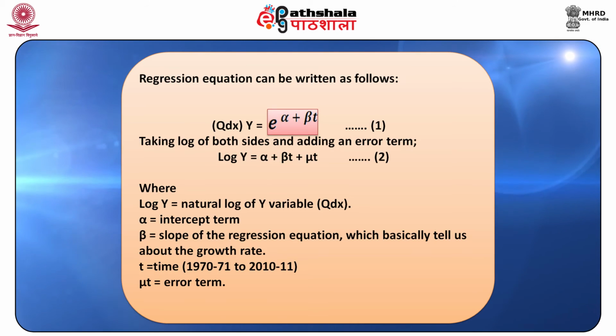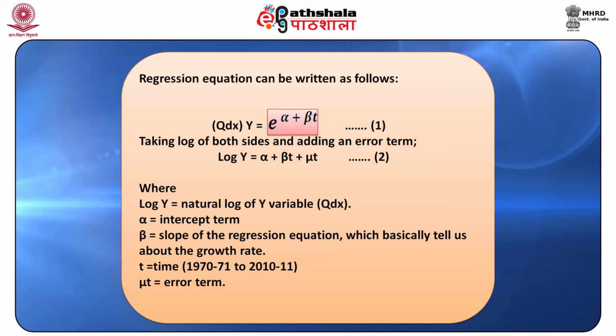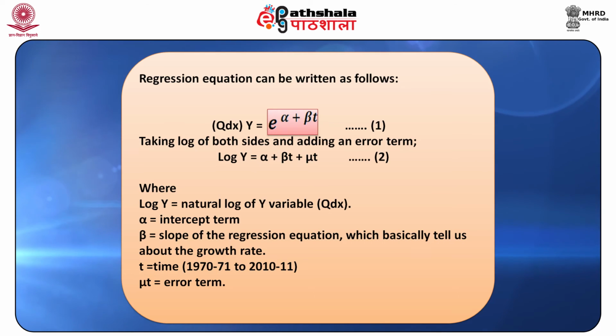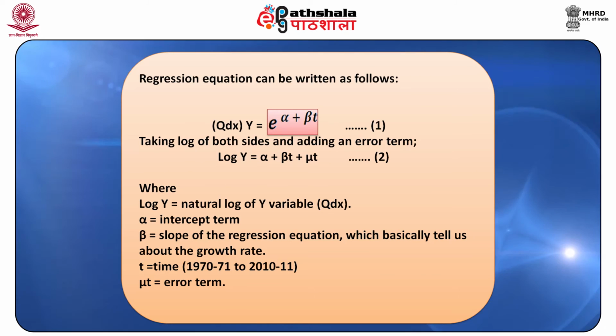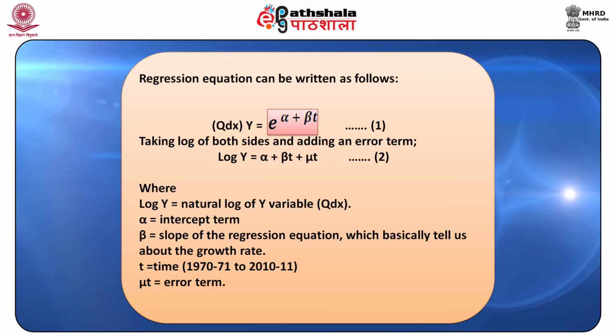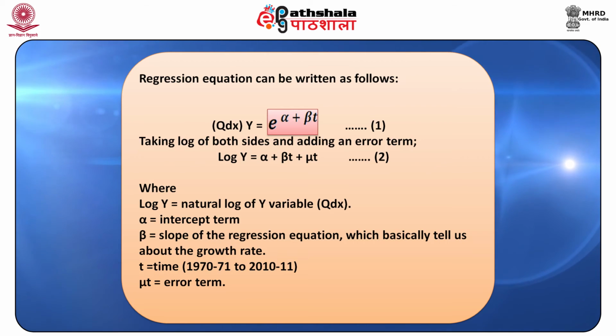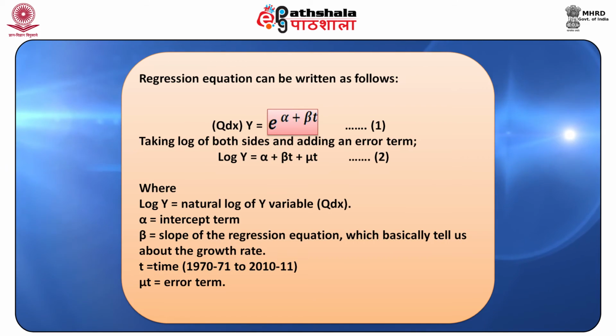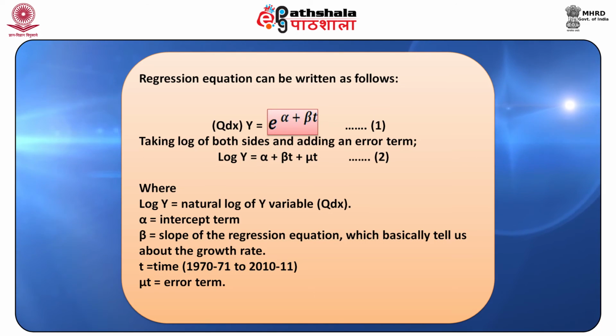We construct a semi-log regression equation, and for that we have regressed the log of the variable with respect to time. Therefore, the regression equation can be written as Y is equal to e raised to the power alpha plus beta into t. Equation 1. Taking log of both sides and adding an error term, we have log Y is equal to alpha plus beta into t plus ut.